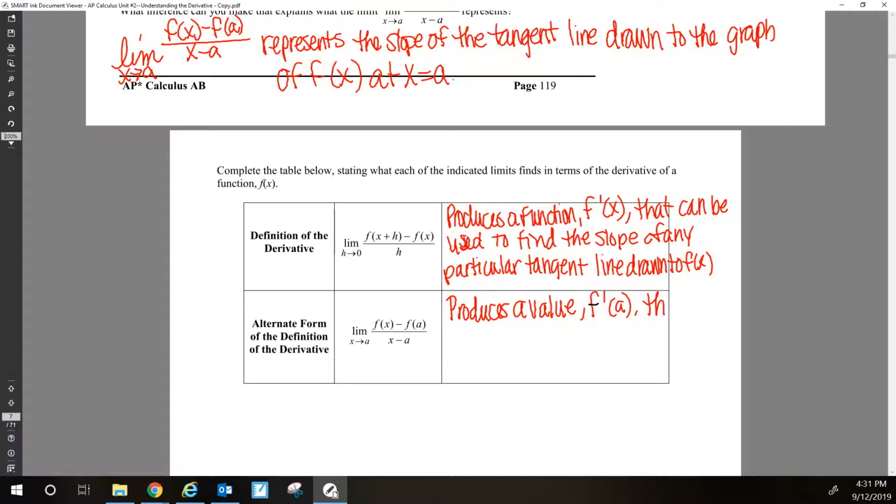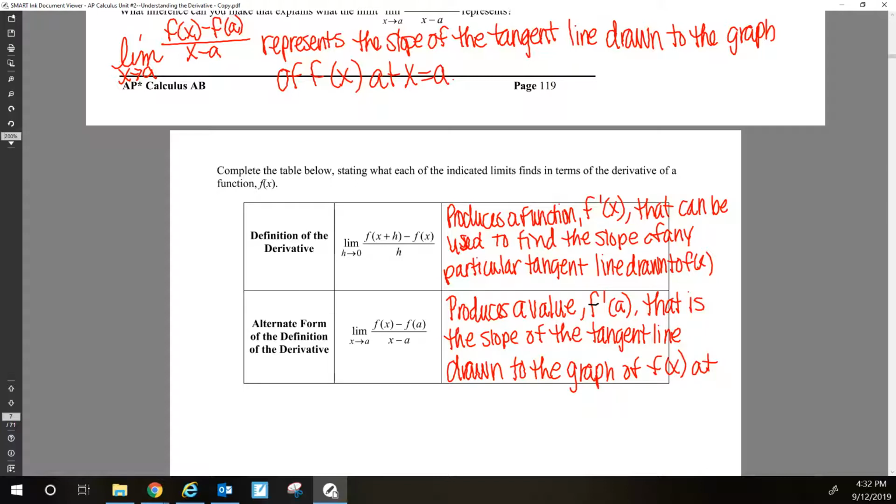And we use this if we're just looking to find the slope of the tangent line drawn to the graph of f of x at x equals a.